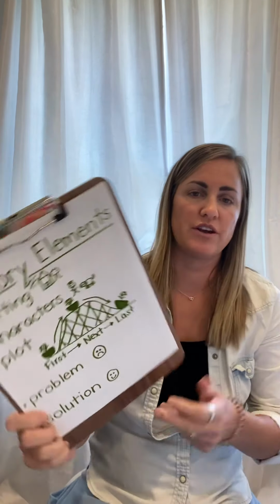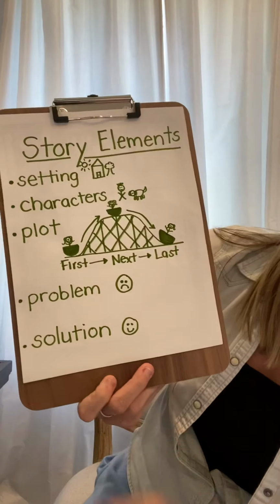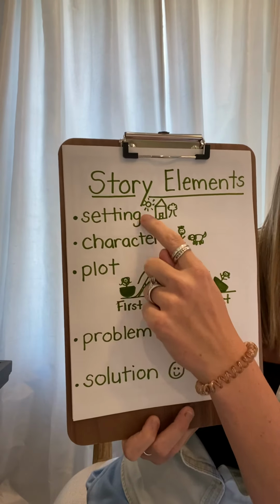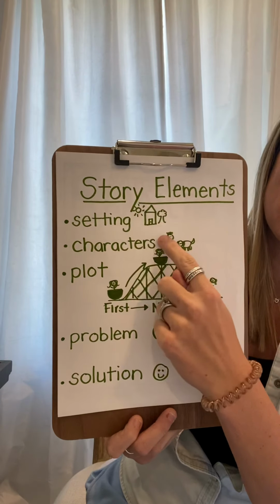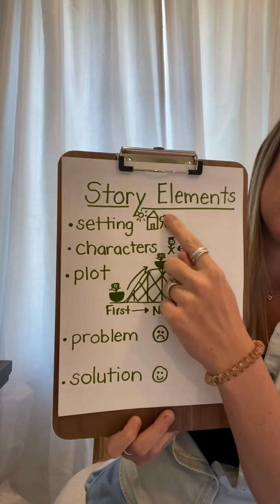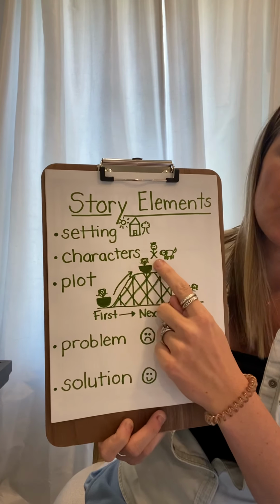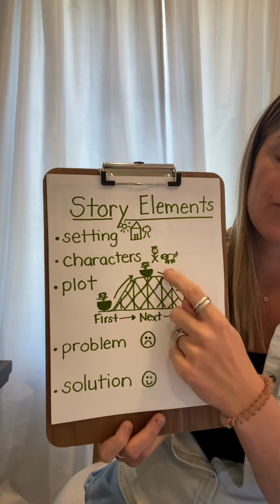Just to refresh your memory, the first story element we have is the setting, where the story takes place. What time of day is it? What do you notice about where the story is? We also have the characters. Who or what is in your story?